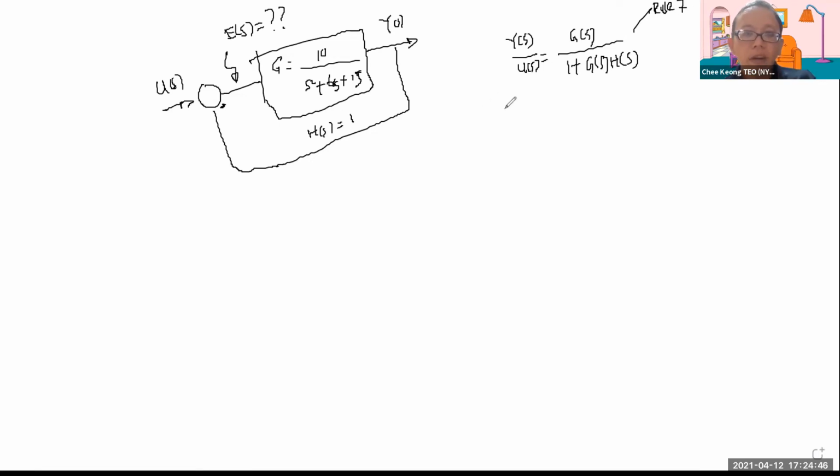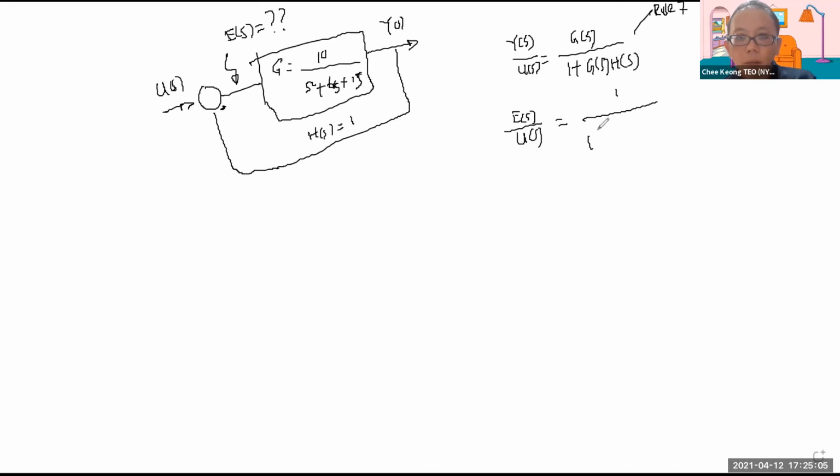But for the error function, the equation to memorize is slightly different. It's actually E of S over U of S, instead of Y of S over U of S, and it is equal to 1 over 1 plus G of S H of S. Now, how do you remember this?